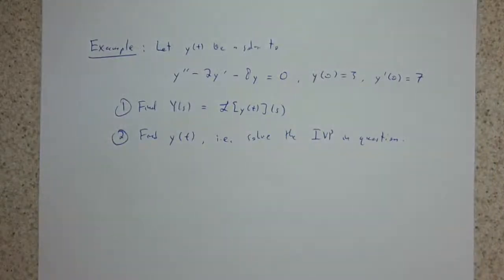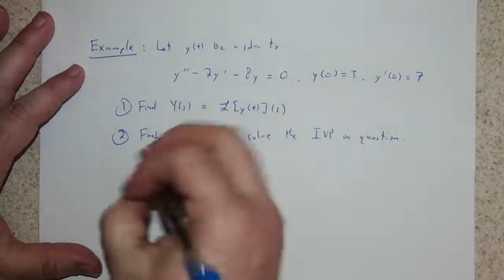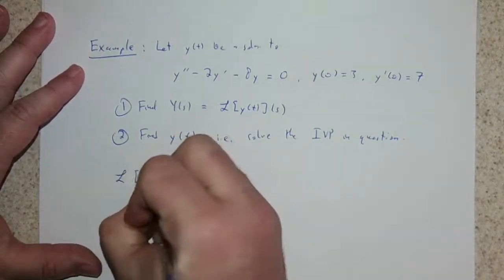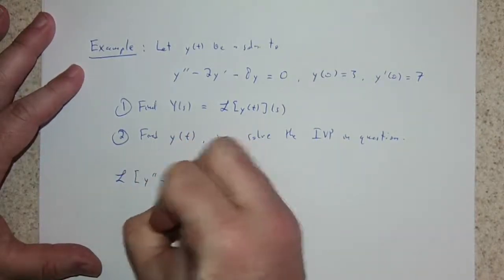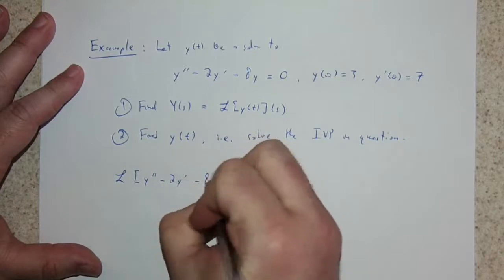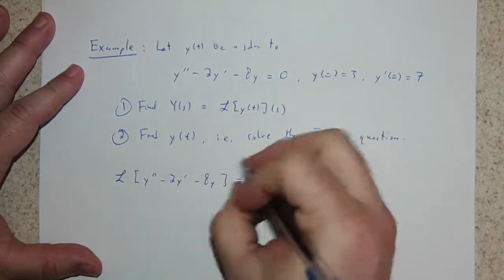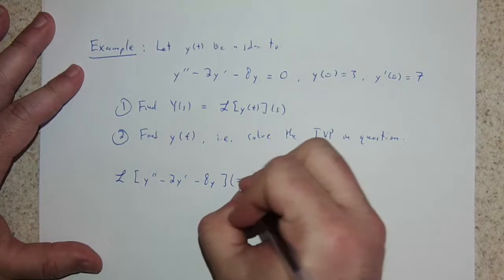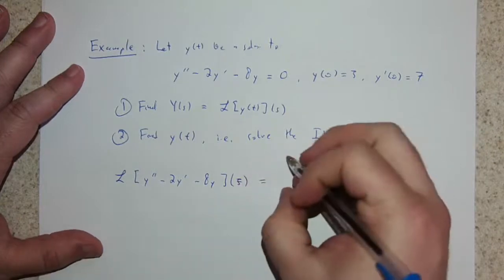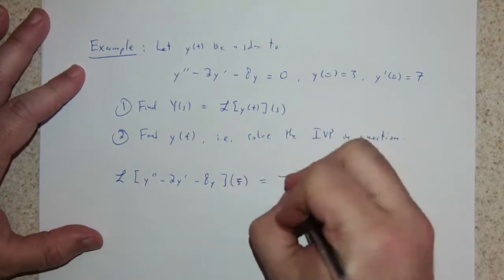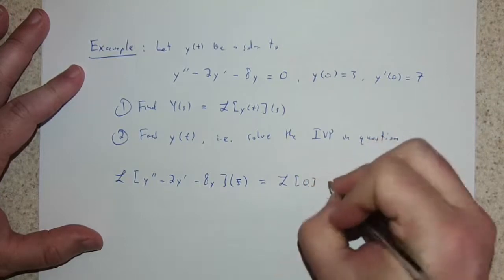Okay. All right. So this is a homogeneous equation. I'm going to hit it with a Laplace transform. So this is the Laplace transform of y double prime minus 2y prime minus 8y, is equal to the Laplace transform of 0 of s.